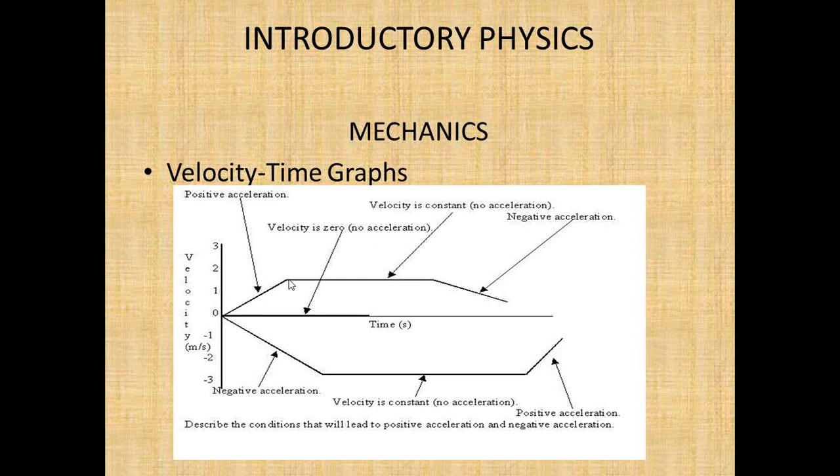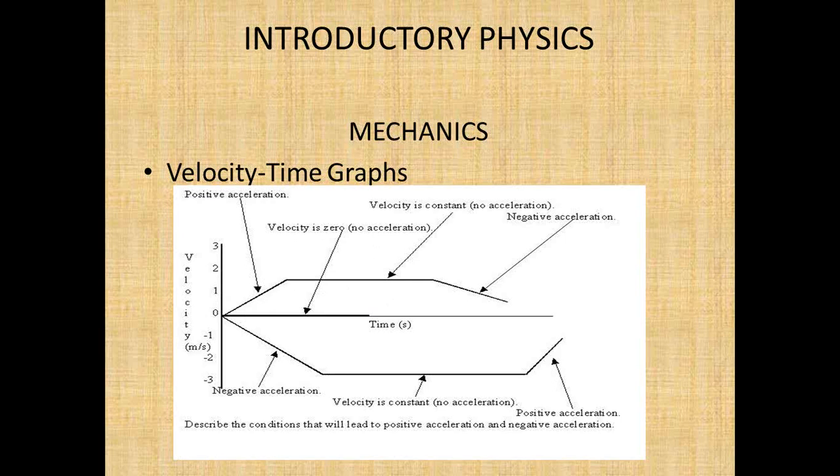If you look at this flat portion of your velocity time graph, time is moving, but velocity remains the same. So therefore, the velocity is zero. It's not moving. If there's no velocity, you have no acceleration.